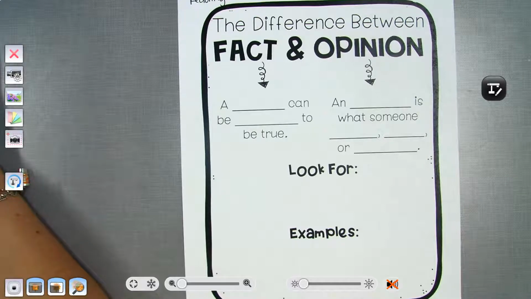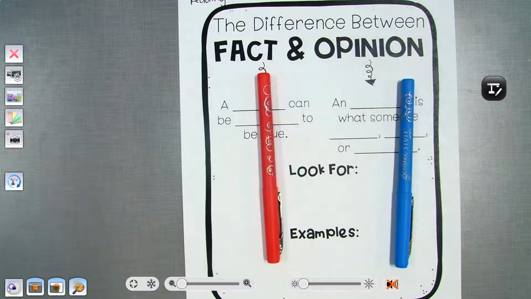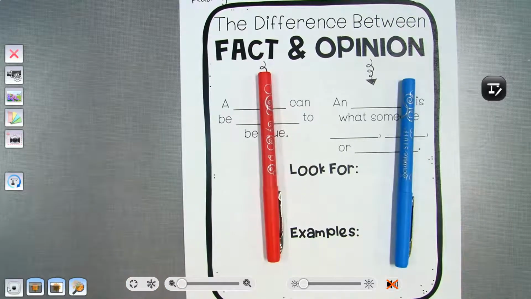So if you want to grab a different color, I can tell you. We're going to do facts in red and opinion in blue. If you have a matte pencil, I wouldn't use crayon because it's going to be hard to write with. If you don't have a red and blue pencil, just write with a regular pencil.